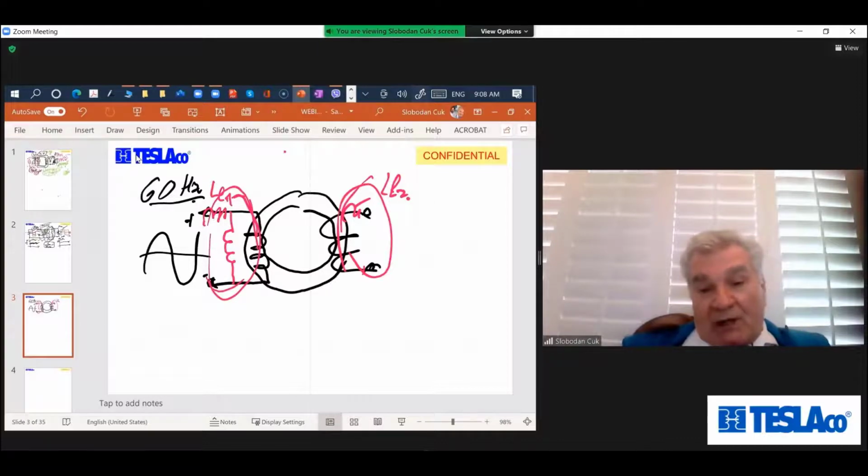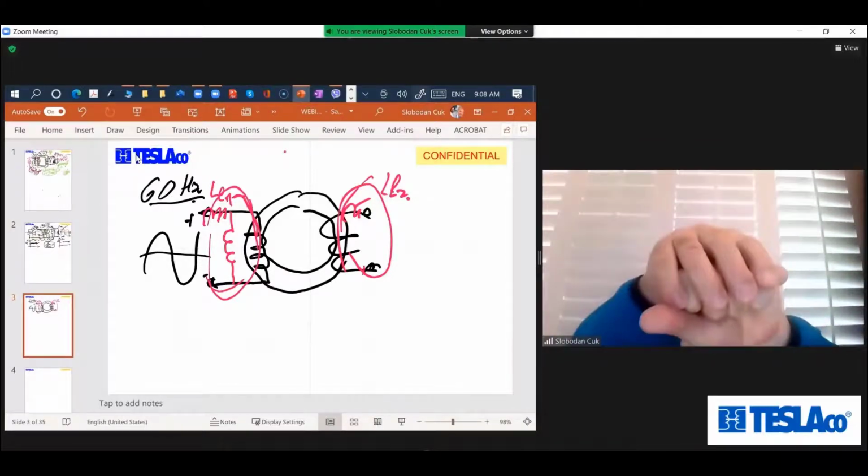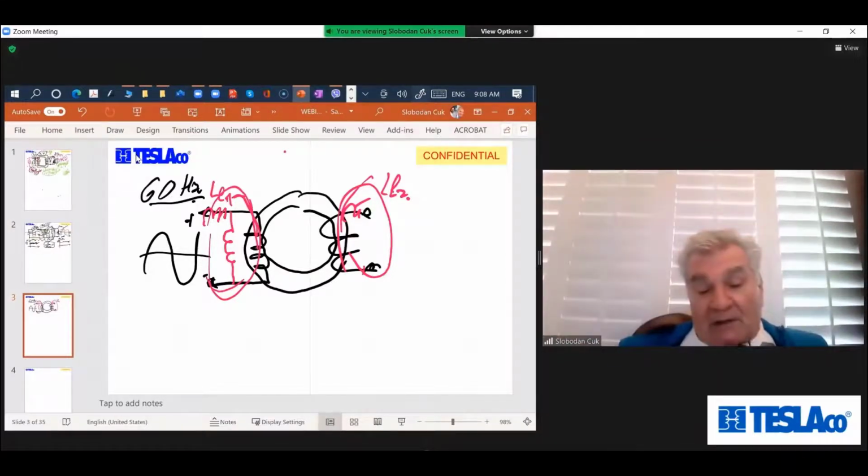I presented you a simple model describing if these leakages are not there. And how would you do that, to have these leakages as small as possible? You make the primary and secondary right on top of each other and coupled such that you minimize the leakage and maximize the coupling. The primary is fully coupled to the secondary and leakages are minimized.